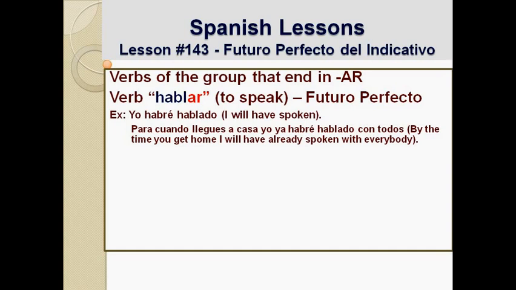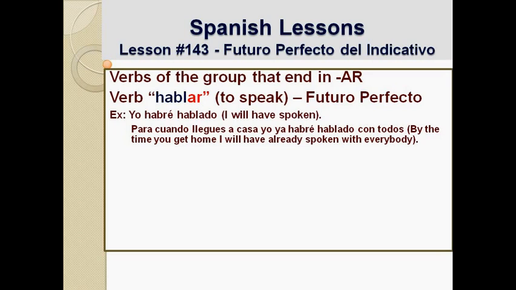So we have a sentence that has two different moments in the future, right? But one will happen immediately before the other one. Look at this. By the time you get home, that is one. I will have already spoken with everybody. That is the other moment in the future. So both are in the future, but which one comes immediately before?